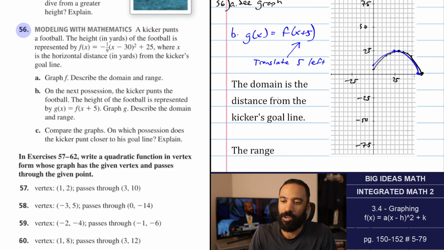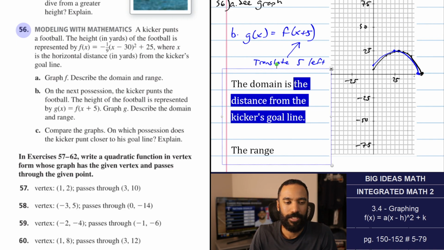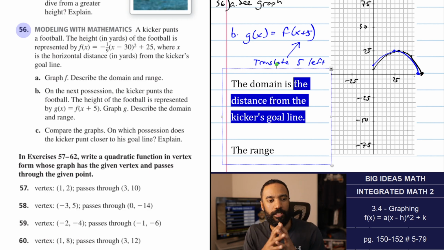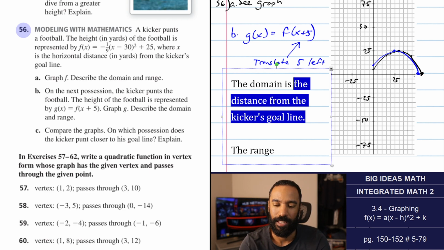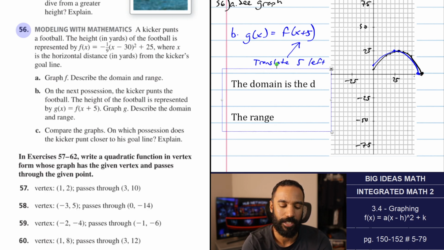I don't know. Kicker punts the football. The height of the football is represented by this. Oh, it's still the height of the football. I thought they were saying that... Maybe they did. The kicker's just 5 yards farther back. The domain is the distance the football travels.